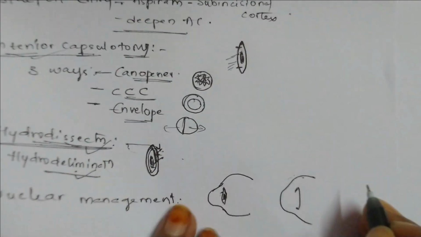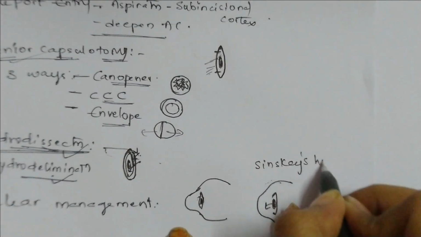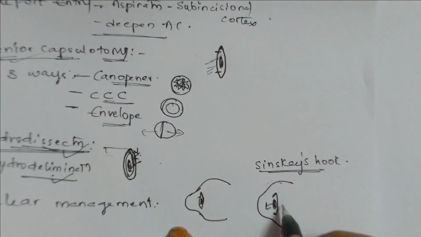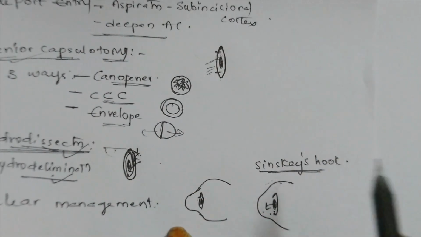A small part of the anterior capsule will be present and the posterior capsule will be present, and the nucleus is present like this, and this has to be prolapsed into the anterior chamber. This can be achieved by Sinski's hook. With the help of Sinski's hook, the nucleus is rotated so that it gets prolapsed into the anterior chamber. Prolapse of the nucleus is started by the hydrodissection and completed by Sinski's hook.